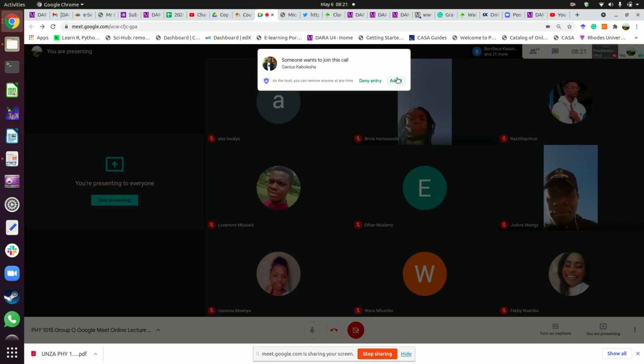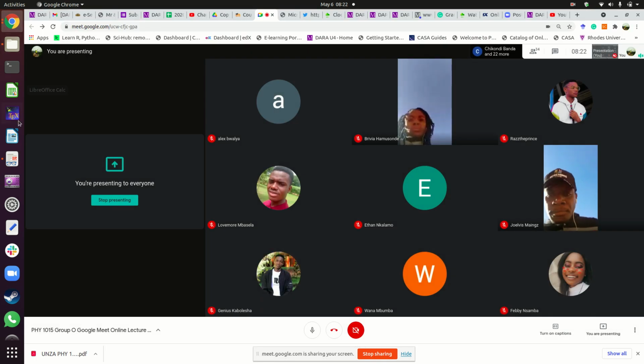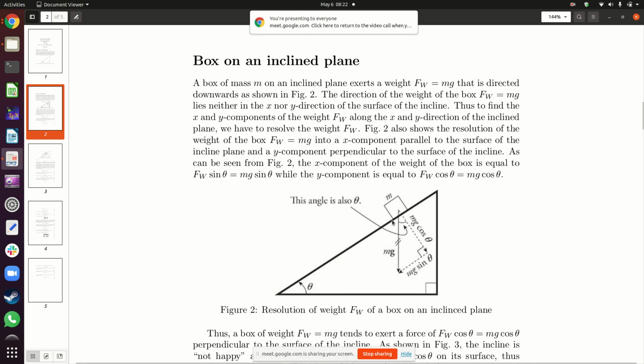Then perpendicular to the incline, at 90 degrees to the incline, is what we're going to choose as our y direction. So whenever you have a surface, along the incline or parallel to the incline is your x-axis, then at 90 degrees to the incline is your y-axis. So that is the choice of direction we make.